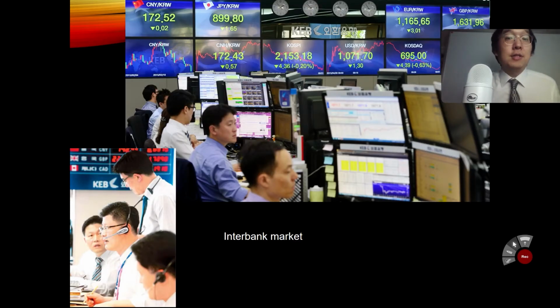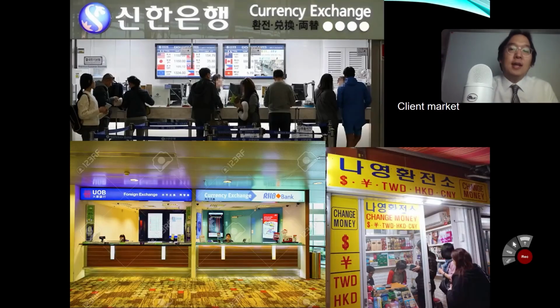Interbank market, here are some pictures typical of FX dealers in the interbank market. Some of you aspire to work as an FX dealer and make money. Good luck. And then some pictures about the retail FX market. Shinhan Bank over here. And below, UOB, a Singaporean bank. This is a picture in Singapore Changi Airport.